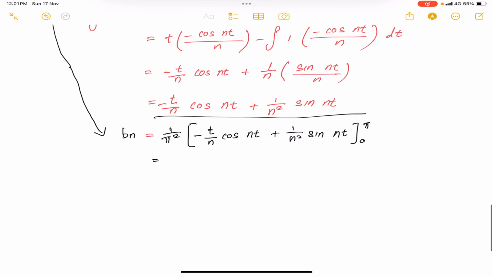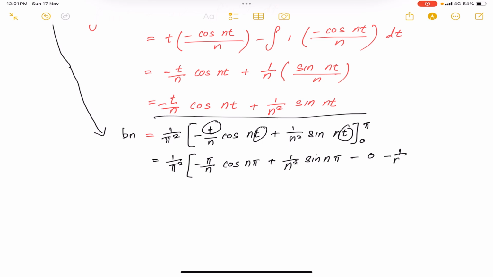Then it's 1 over pi square. Here you substitute the t with pi and 0. So negative pi over n cos n pi plus 1 over n squared sine n pi, minus, the t is 0, so you minus 0, again minus 1 over n square sine n 0.